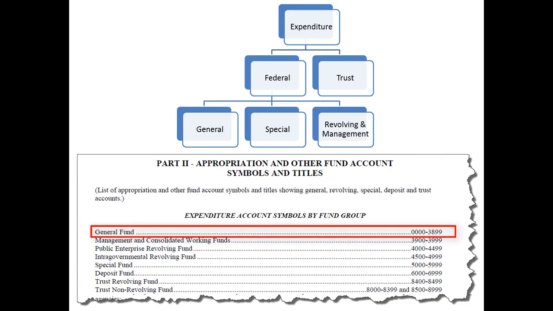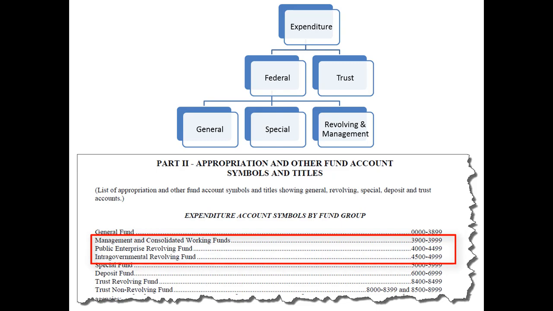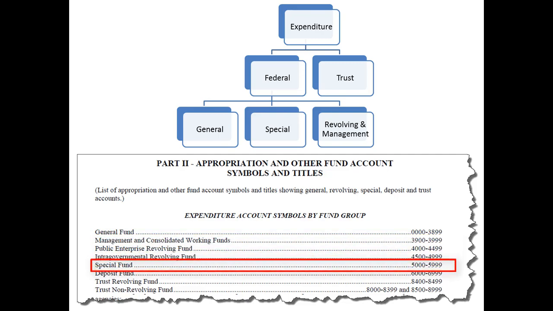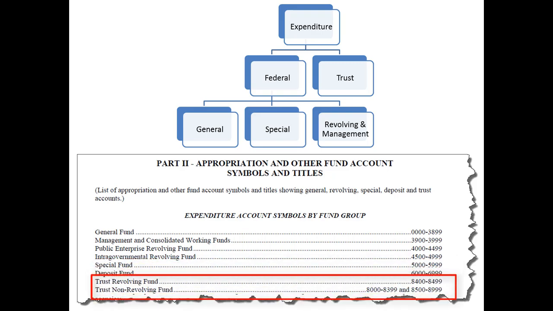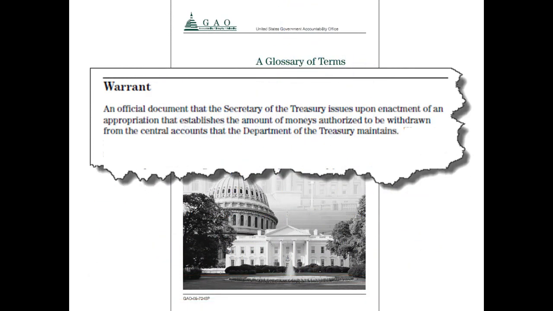Note that general fund account symbols range from 0 to 38.99. Management, consolidated working, and revolving fund symbols range from 3,900 to 49.99. Special fund account symbols range from 5,000 to 59.99, and trust fund account symbols, both revolving and non-revolving, range from 8,000 to 8,999.